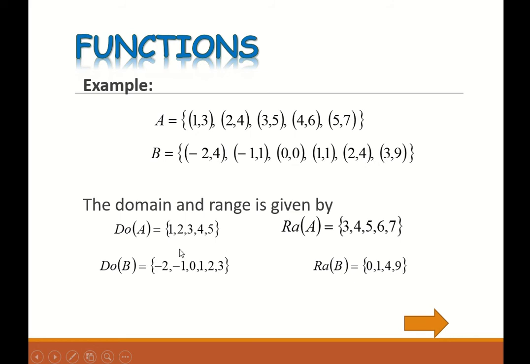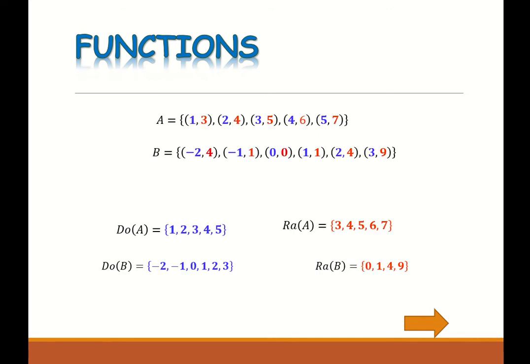So these are the domain and range of the given relations expressed in terms of a set. To emphasize this part clearly, I colored the first elements blue and the second elements red, to distinguish the domain and the range.